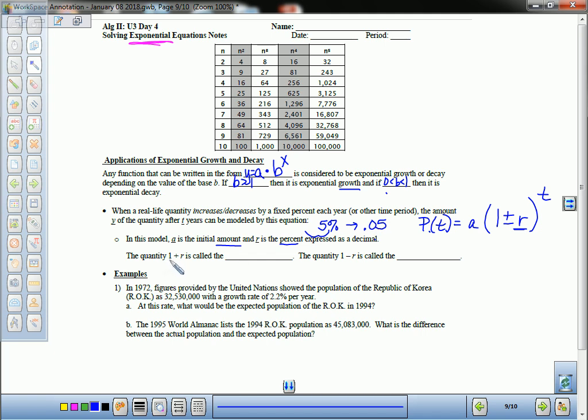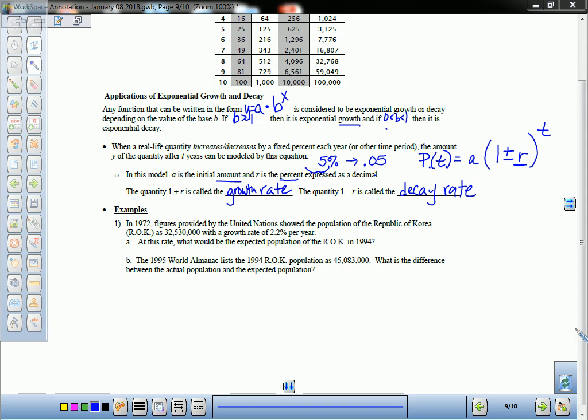So that quantity, 1 plus r, is called our growth rate. Now, if it was 1 minus r, instead of growing, it would be getting smaller. That's our decay rate.